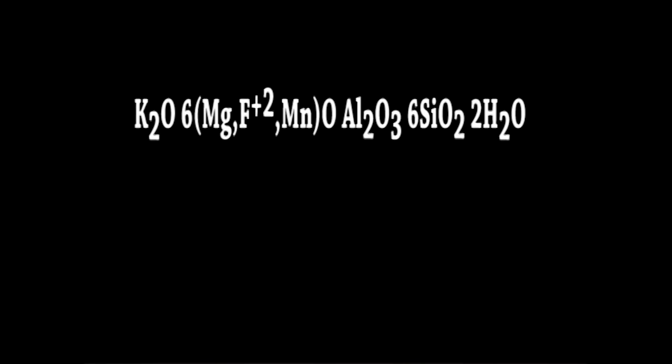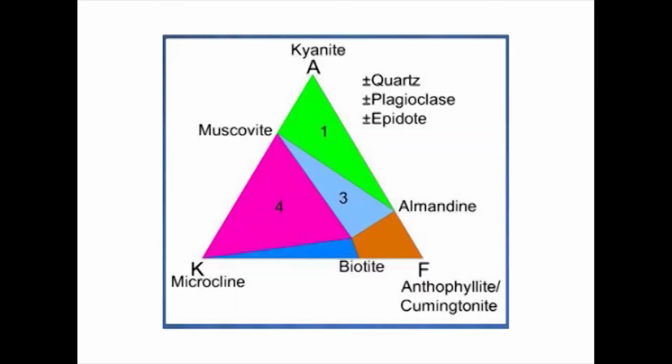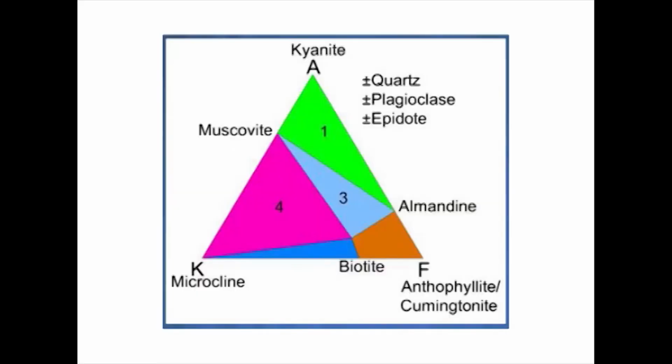This composition corresponds to points on the K and F side of the diagram with 14 molecular percent of potash and 86% of iron. In many biotites, however, Fe and Mg are replaced by alumina, so that the biotite is represented by a small field extending parallel to the AF side.